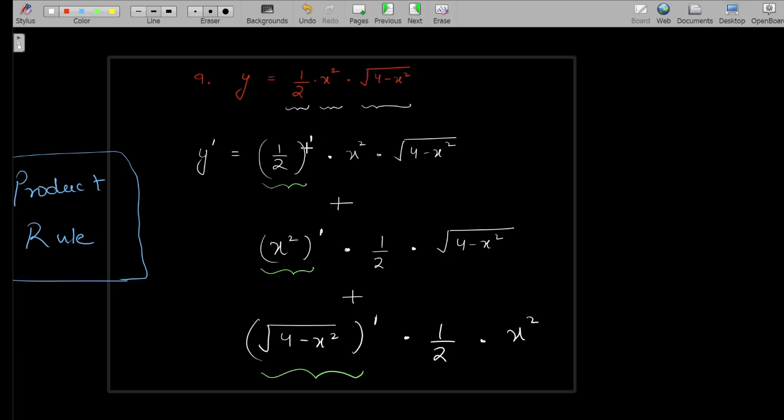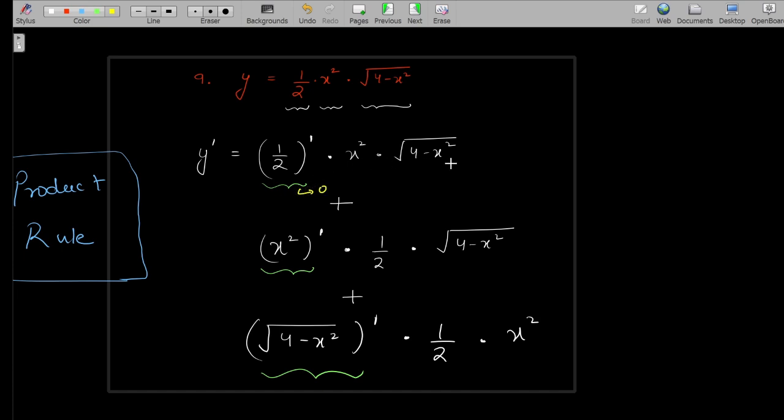Derivative of 1/2. Won't it just be 0? 0. And in fact, the derivative of any constant term is always 0, right? Okay, so the derivative of 1/2 will be 0.